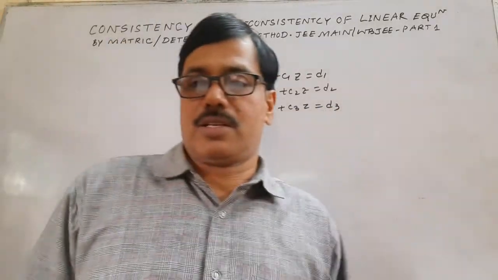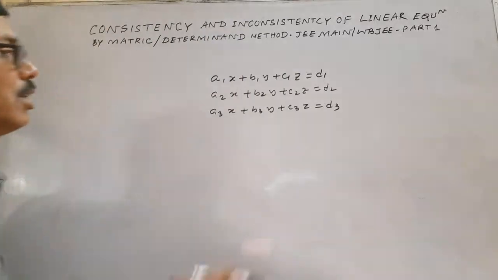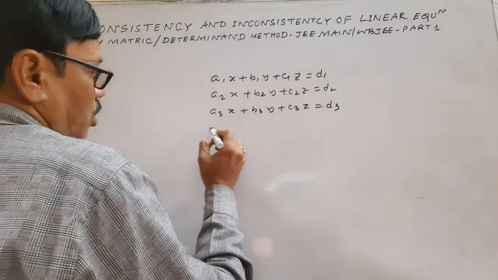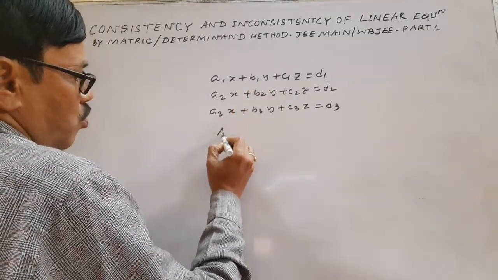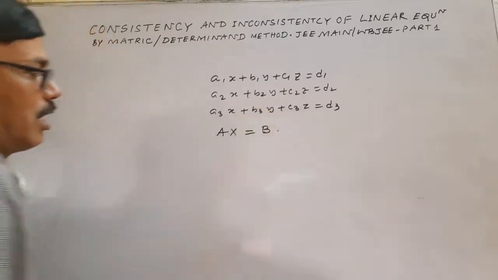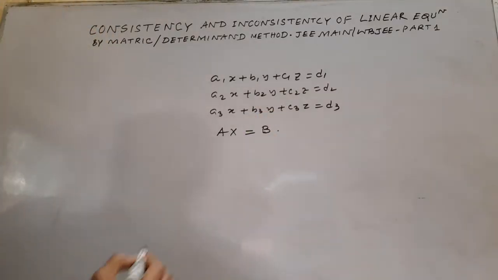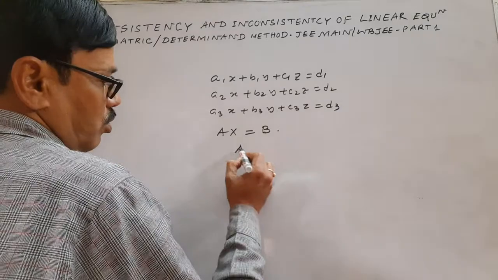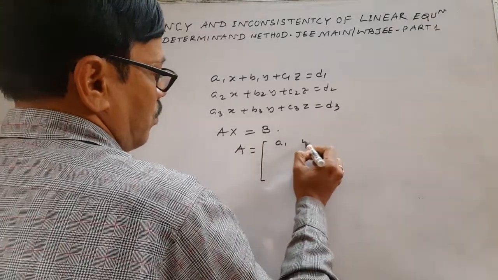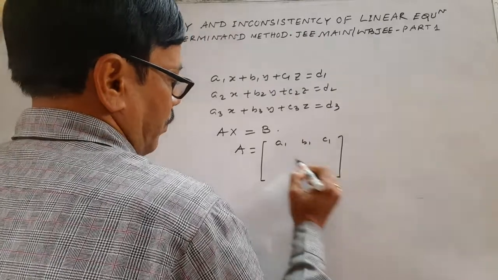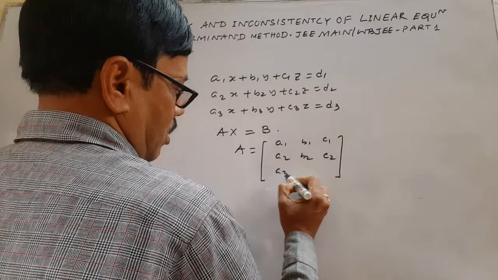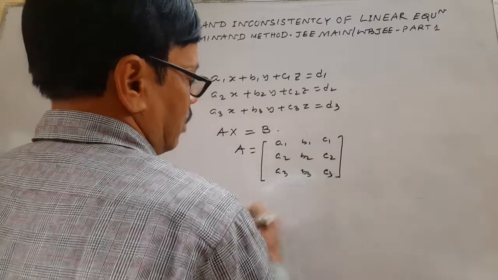So this is a linear simultaneous equation, three unknowns, three equations. The above equation can be put in matrix form as AX equals B, where A equals the coefficient matrix: a1, b1, c1, a2, b2, c2, a3, b3, c3.